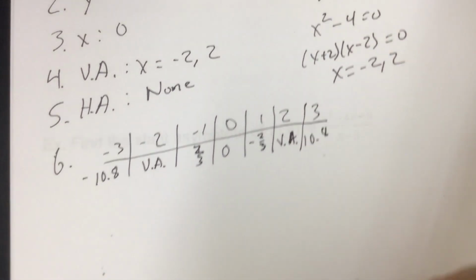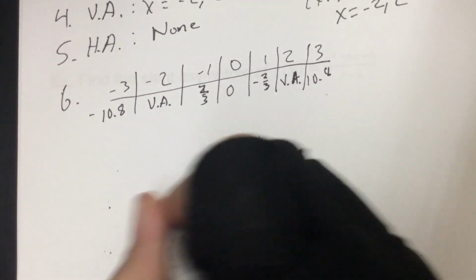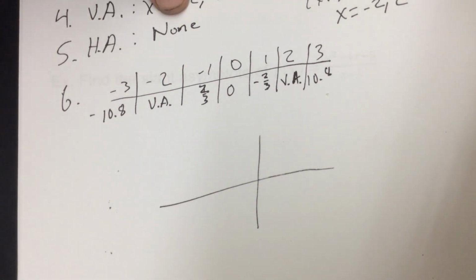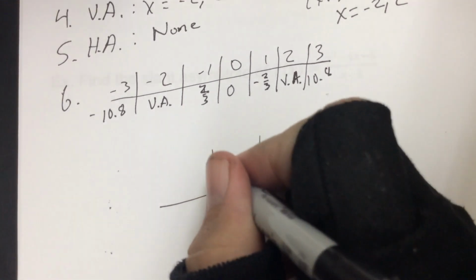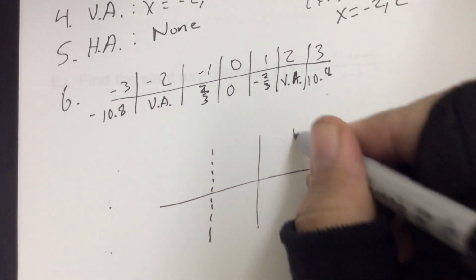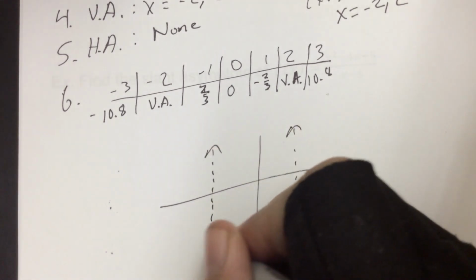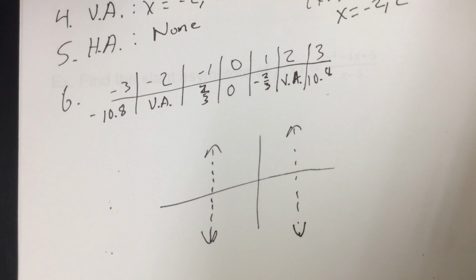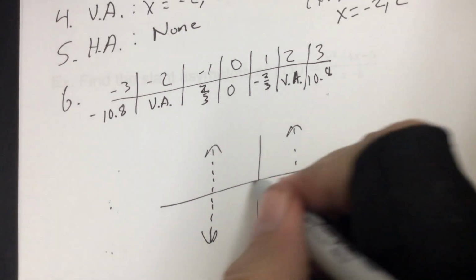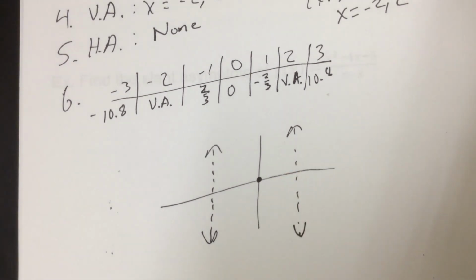So, if we go to graph this, we don't have a horizontal asymptote, so we don't have to worry about that. But vertical at negative 2 and at 2. Y-intercept, x-intercept, both at 0, 0. So it's going to be right there.